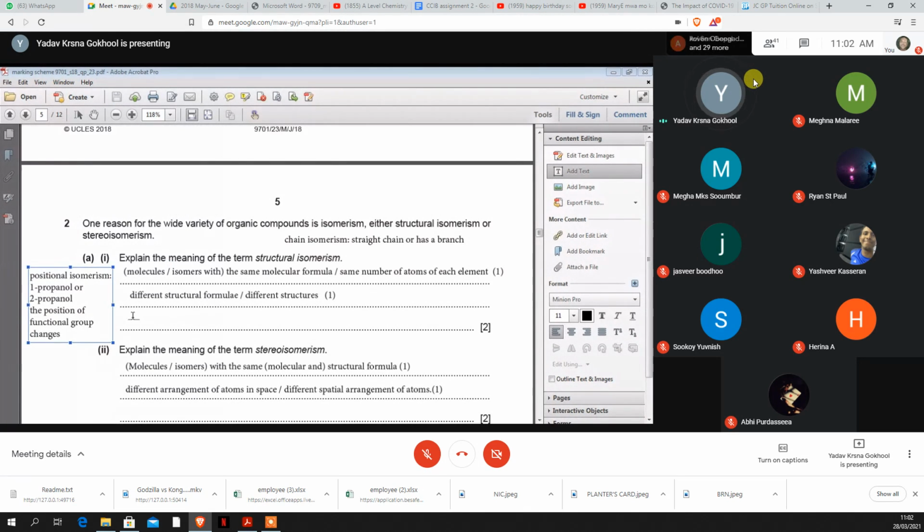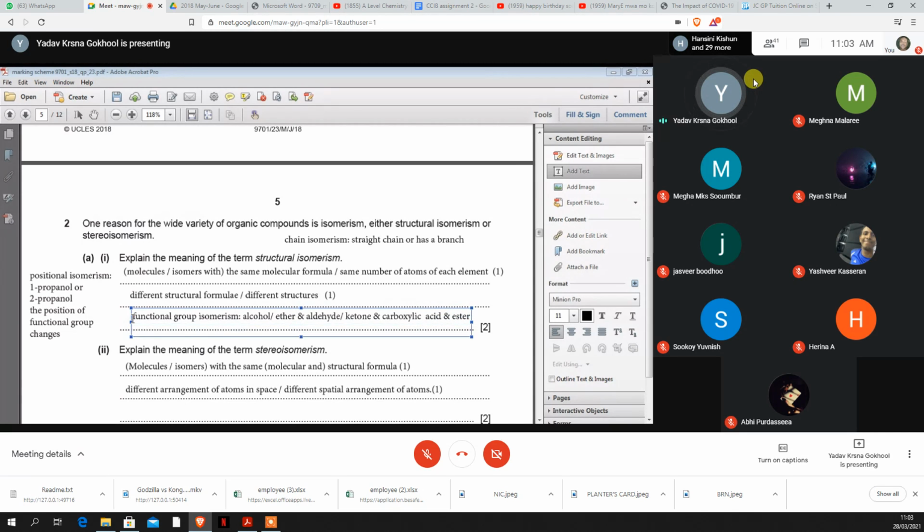Besides chain isomerism, you also have functional group isomerism, like alcohol, ether, aldehyde, ketone, carboxylic acid, and ester.